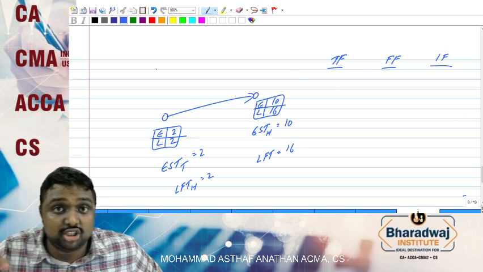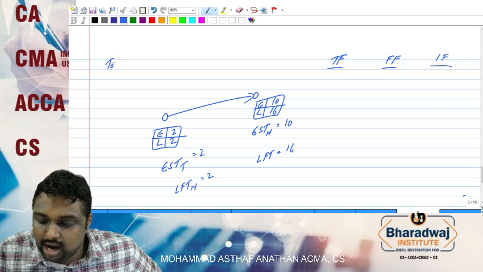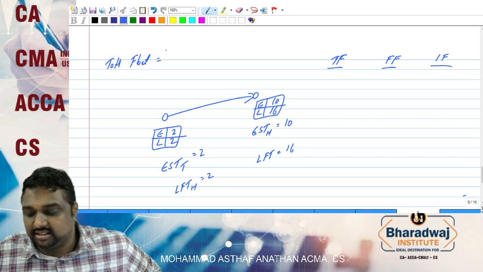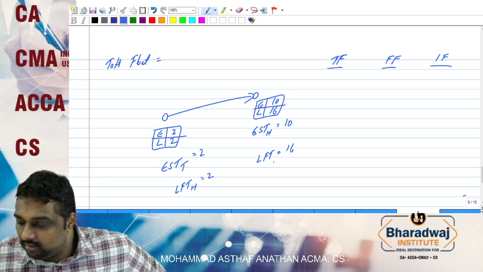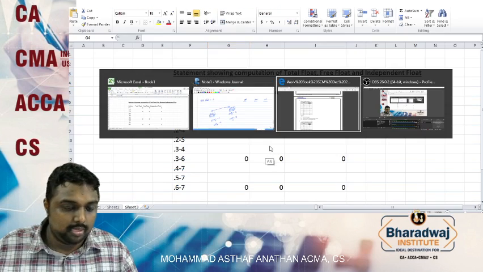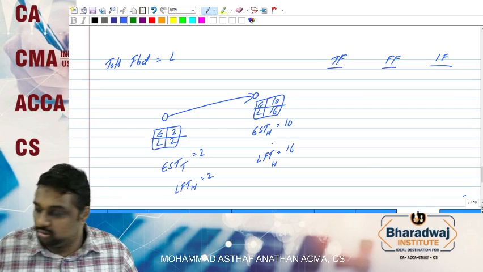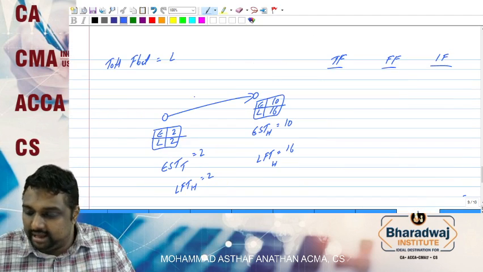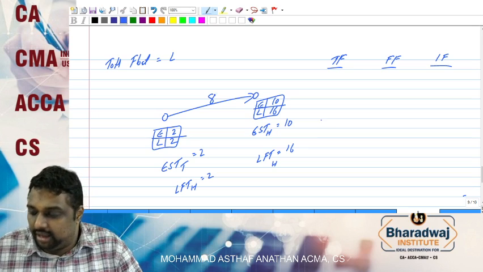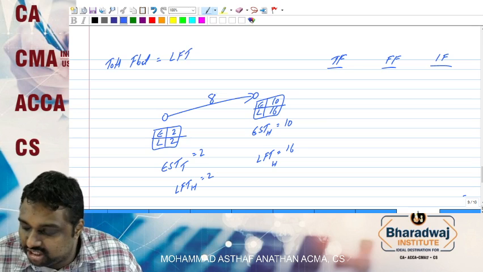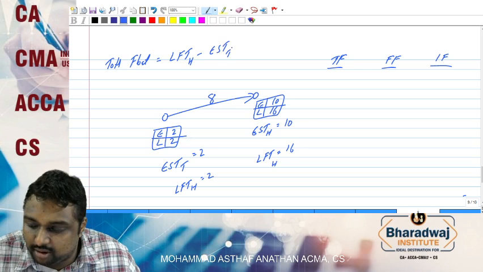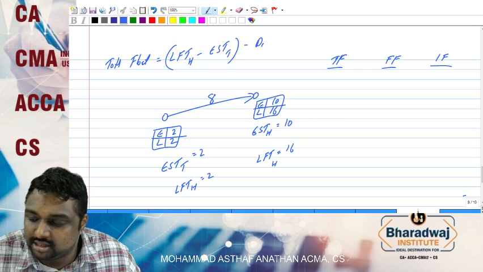So first we will discuss conceptually the proper way. What is total float? The duration of 1 to 2 is 8 days. So total float of any activity will be the latest finish time of head node minus the earliest start time of tail node minus duration.